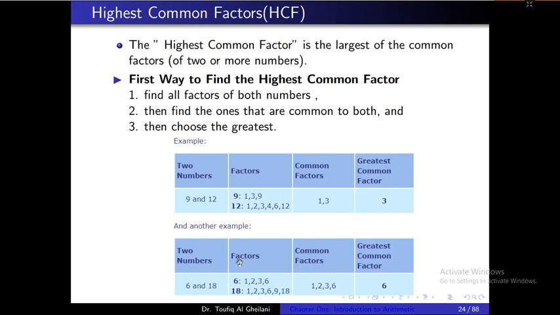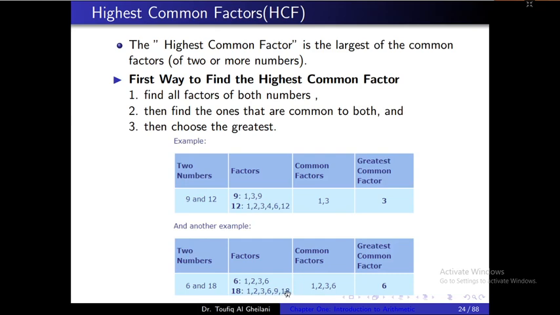Here is another example. What's the highest common factor of 6 and 18? Firstly, find the factors of 6: 1, 2, 3, 6. Why? Because 1 times 6 will give 6, and 2 times 3 is 6. Also we get the factors of 18: 1, 2, 3, 6, 9, 18. How?